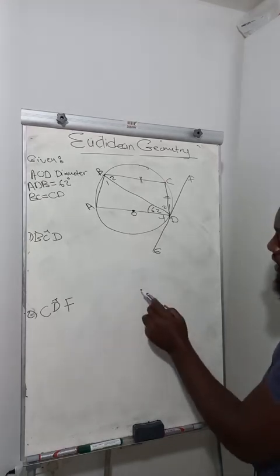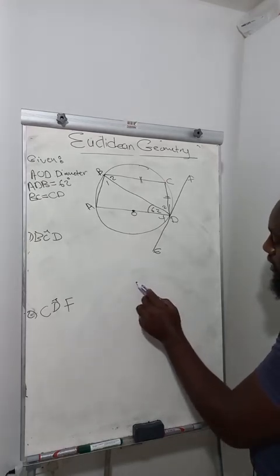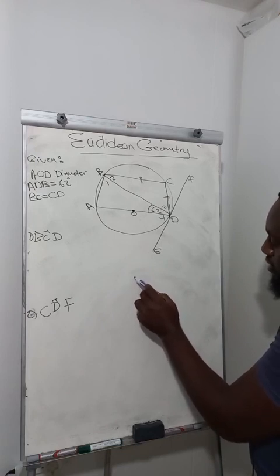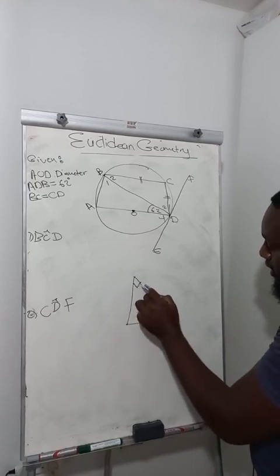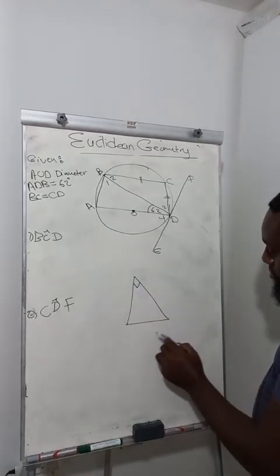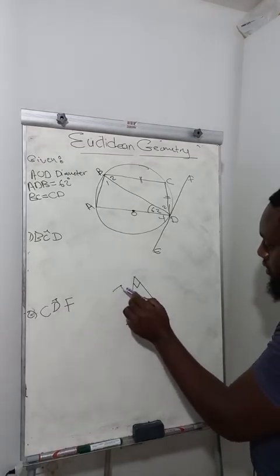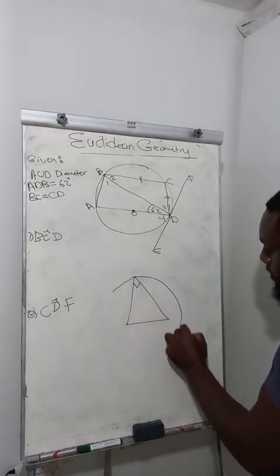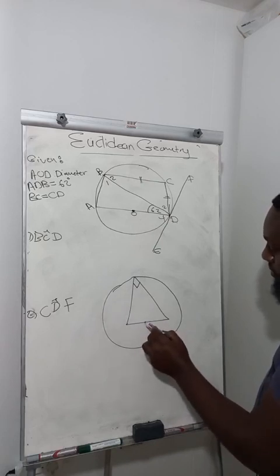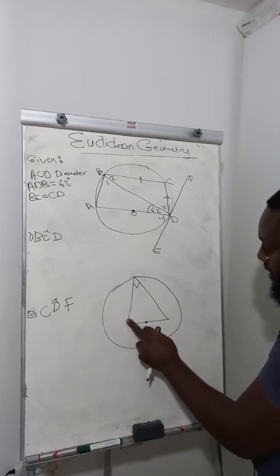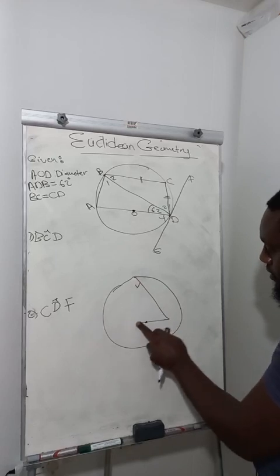Angle at semicircle means that you've got a triangle, something like this, where here is a 90 degrees, and here maybe it will be the center.